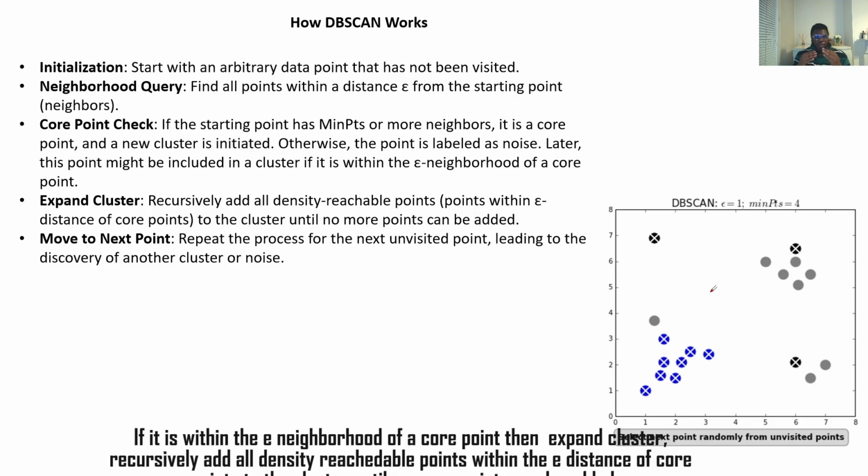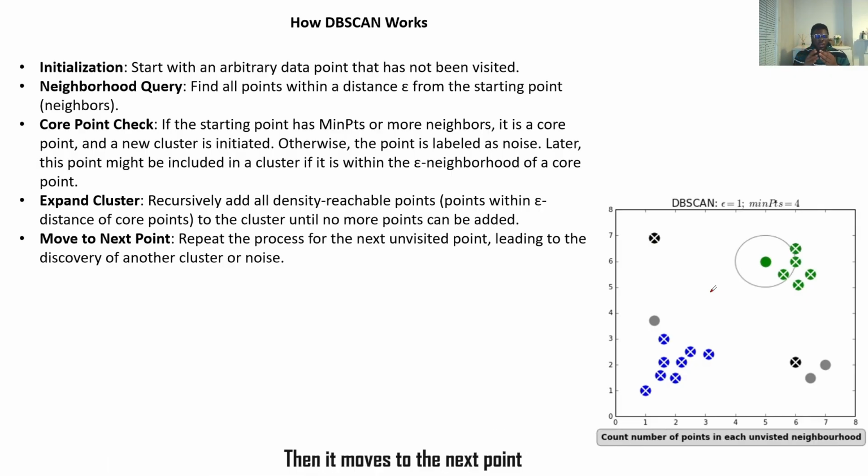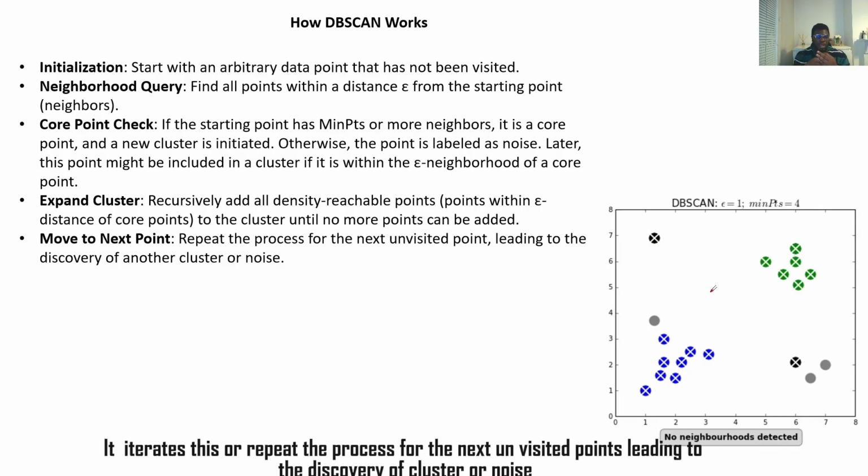Then it expands the cluster, adding all density-reachable points within the distance of core points to the cluster until no more points can be added. Then it moves to the next point. It repeats the process for the next unvisited point, leading to the discovery of clusters or noise.